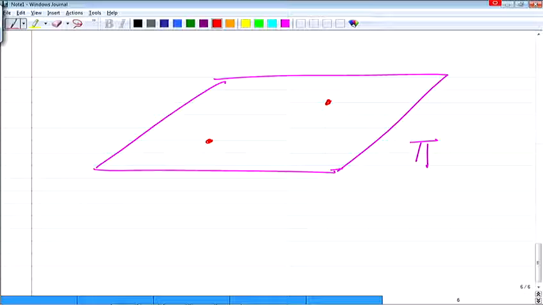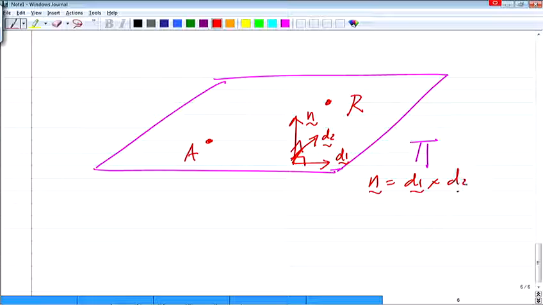We create this point A, and this point R. Again, I must have a point on the plane. If not, I cannot do anything. So remember initially we have D1 and D2. Now, instead of looking at D1 and D2, we will look at the normal, which is the cross product of D1 and D2.